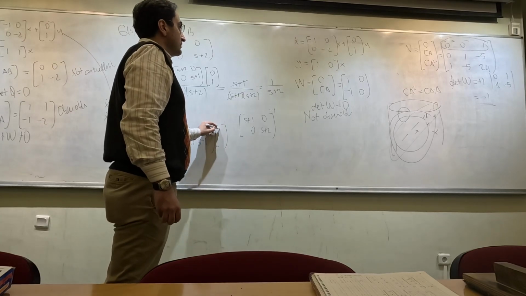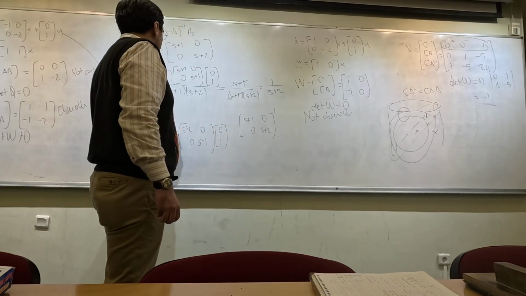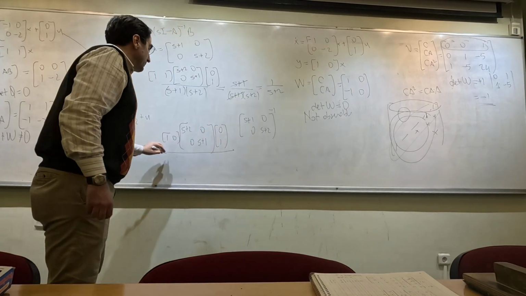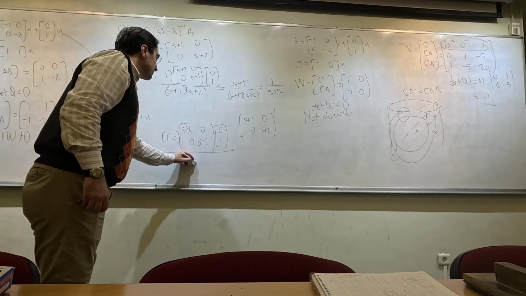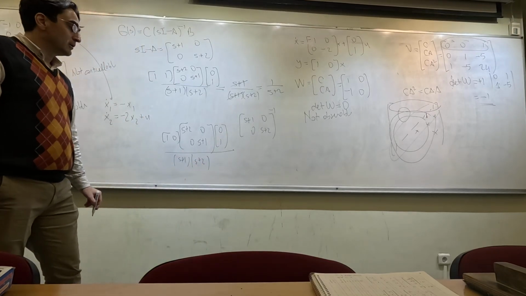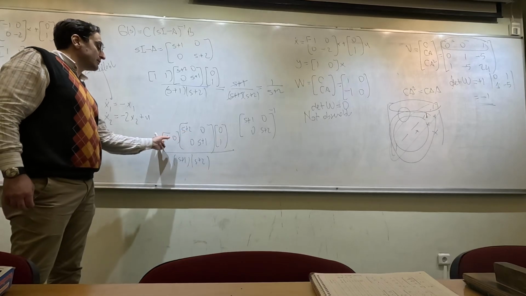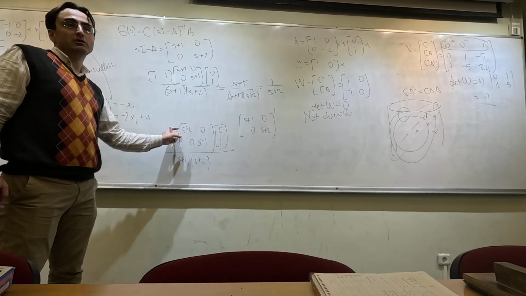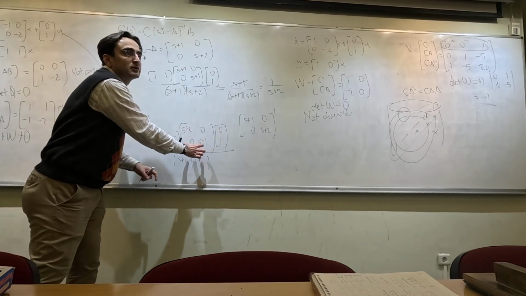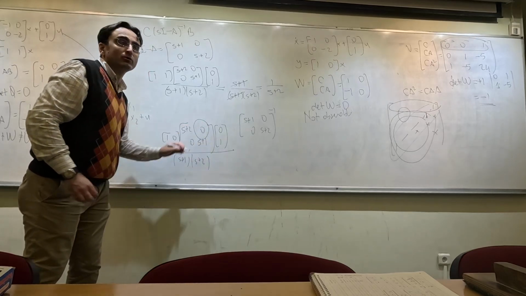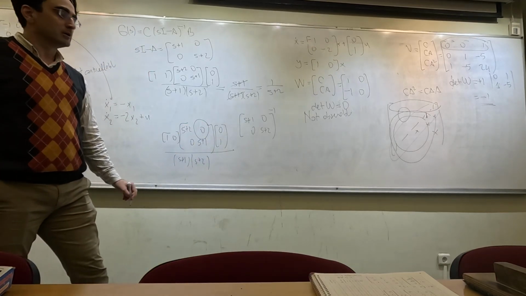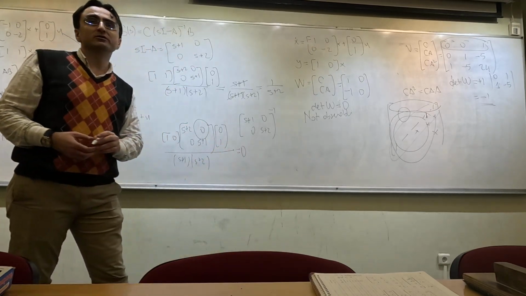I will just write [0, 1] here, and I will write [1, 0] here. Now I can actually calculate; this is going to take the first row, and this is going to take the second column. But the first row, second column element is 0 here. That actually means that the transfer function is 0.